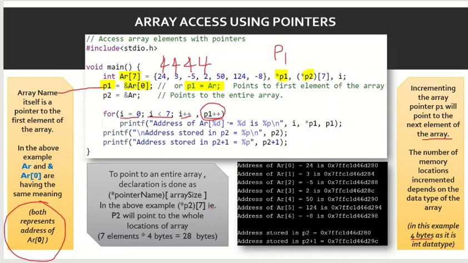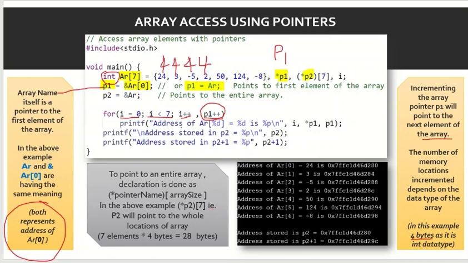Even though p1 plus plus represents p1 plus 1, it is not incremented by just the single digit 1. It actually increments the pointer variable by 4 bytes, as it is integer.